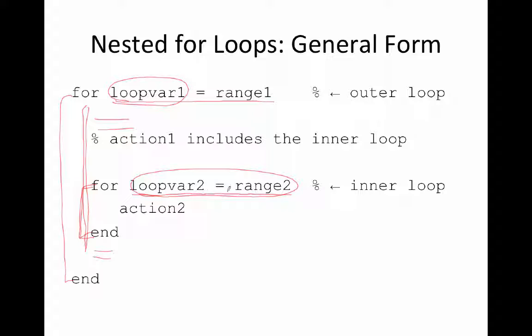So loop variable 2 goes through all of the values in range 2. And then when we execute the action of the outer loop again, once again, the inner loop variable is going to go through all of its values as it iterates to do the action the number of times specified by the vector in range 2.